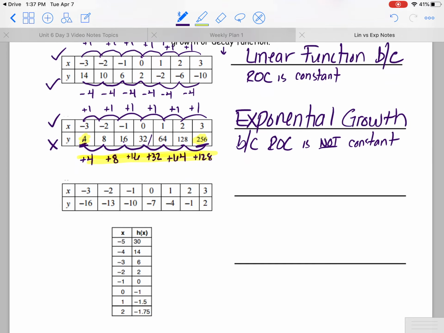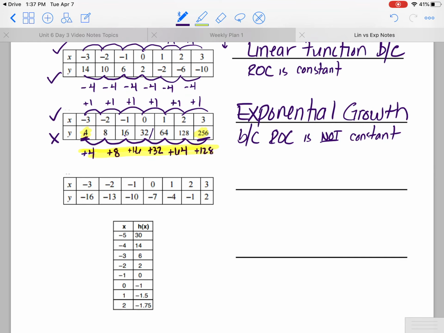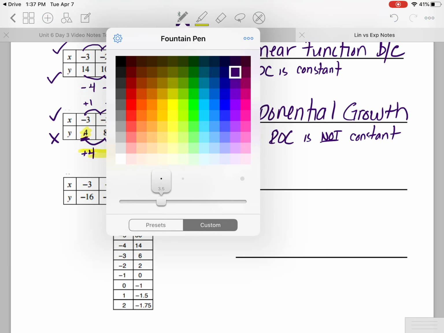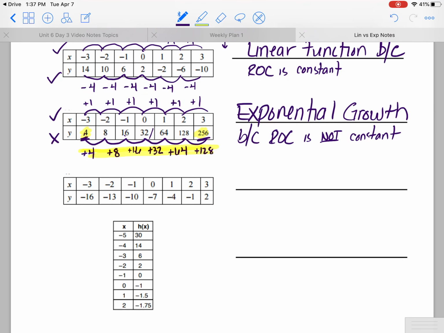Why don't you pause the video and give the last two a try, and then go ahead and play and see how you did. So this one happens to be going up by the same amount.